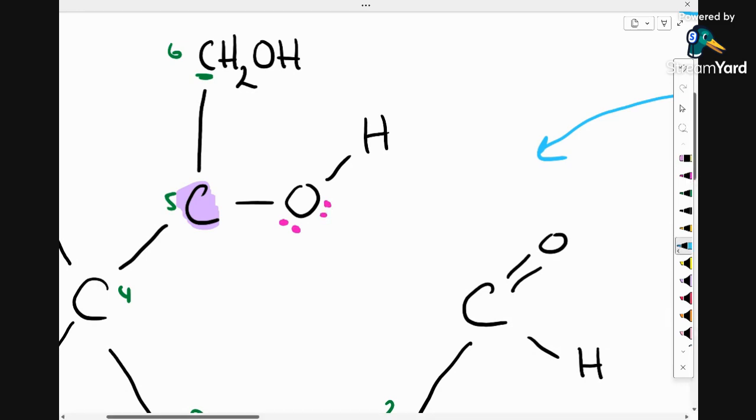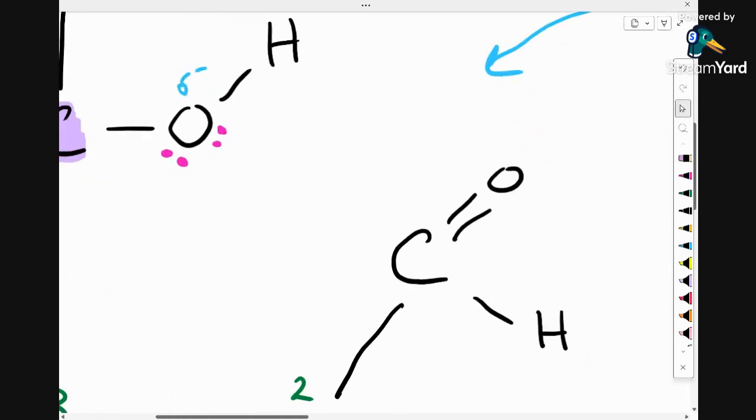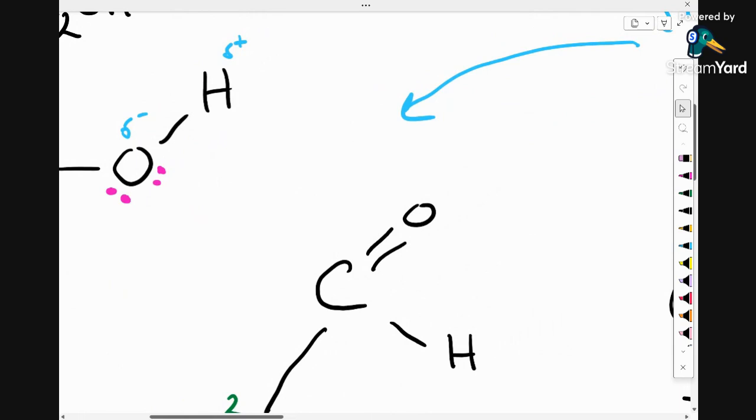And we know from our lessons on water that this oxygen is going to be delta negative. This hydrogen is going to be delta positive. Looking at carbon 1, we can say the same thing. We've got a double bond to an oxygen. This oxygen is going to be delta negative. This carbon, this central carbon, is therefore going to be delta positive.